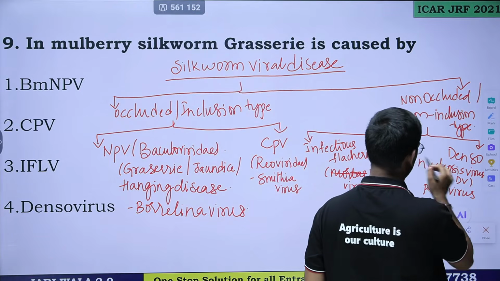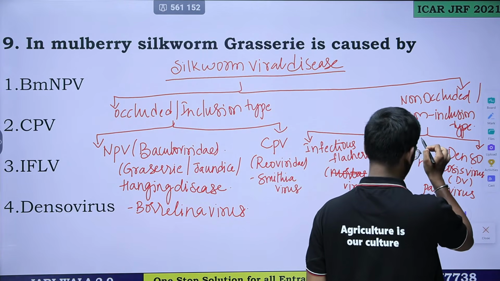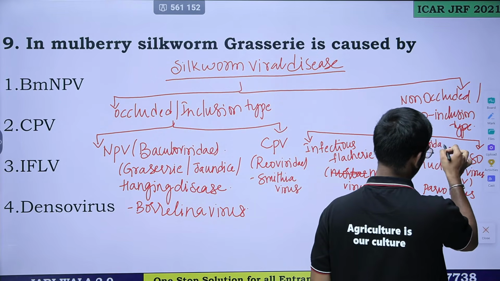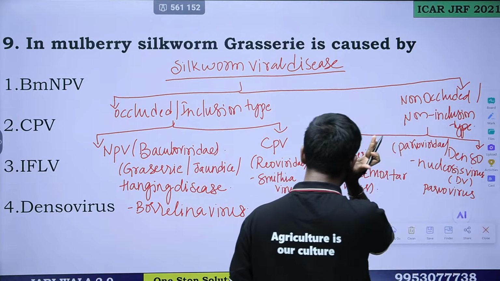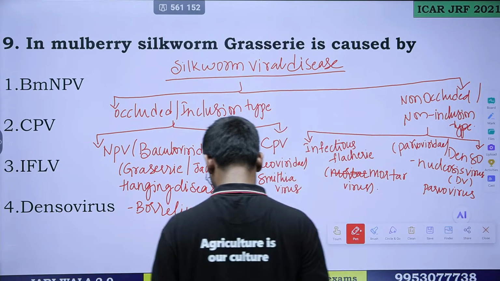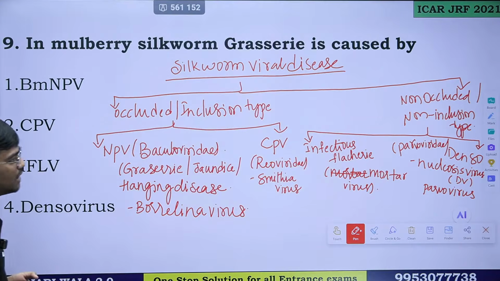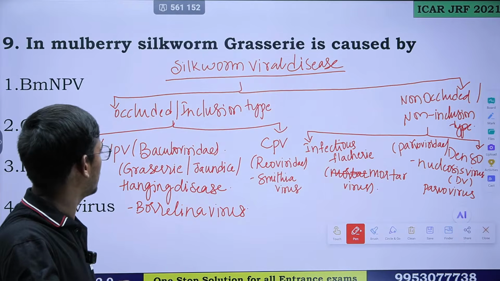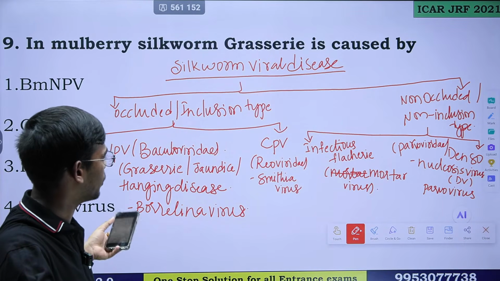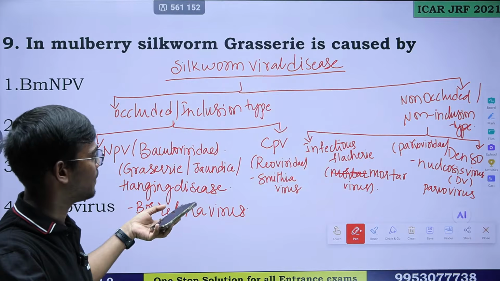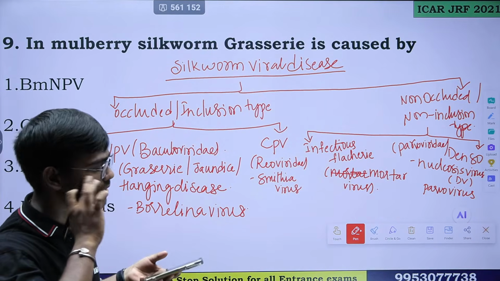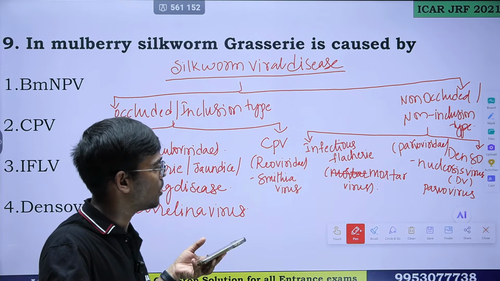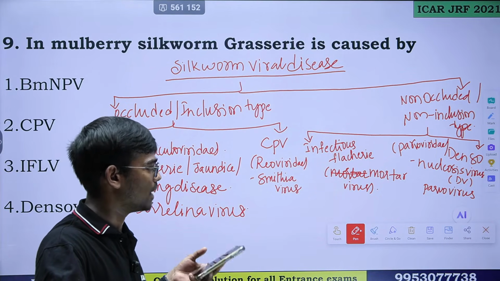Parvovirus belongs to the family Parvoviridae. So these are the different viral agents. NPV belongs to the family Baculoviridae and CPV belongs to the family Reoviridae, and infectious flacherie belongs to Iflaviridae. Okay, and densonucleosis virus belongs to the family Parvoviridae, caused by the parvovirus.